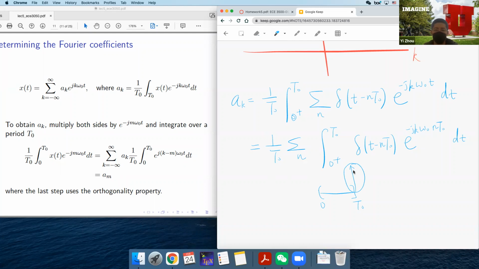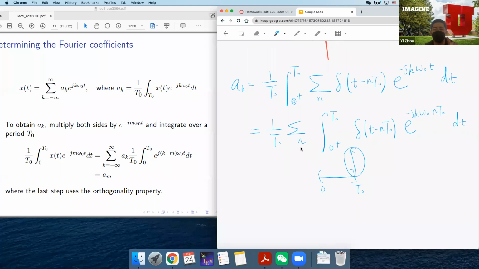This impulse corresponds to when n equals 1. It is delta(t minus capital T naught). Therefore, in this entire summation we only need to consider n equals 1.